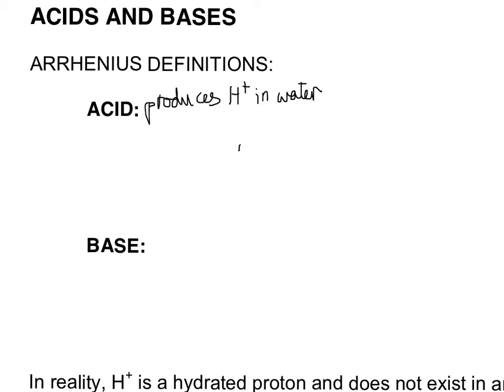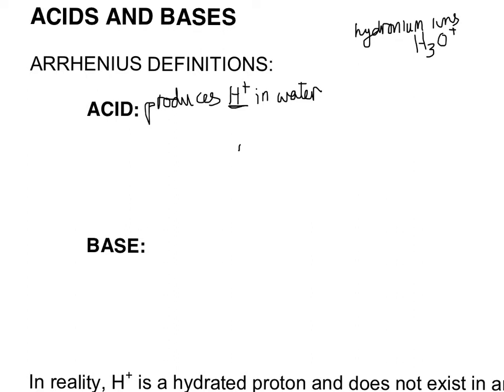And we can either call them protons, hydrogen ions, or hydronium ions. Remember, hydronium ions are H3O plus. This is the same thing as an H plus with water attached to it.